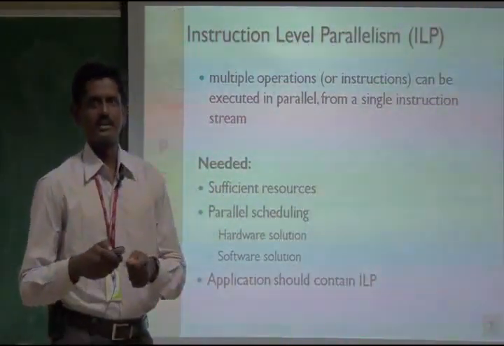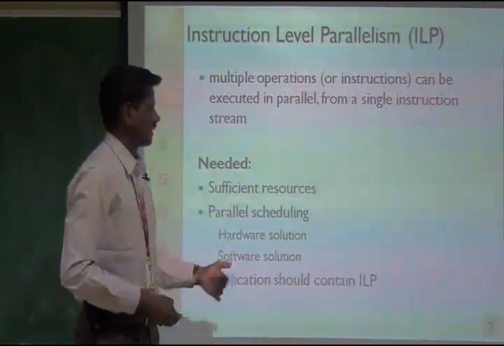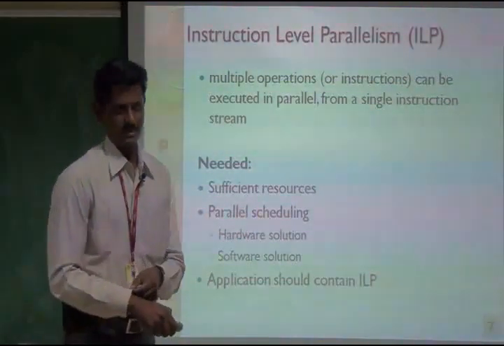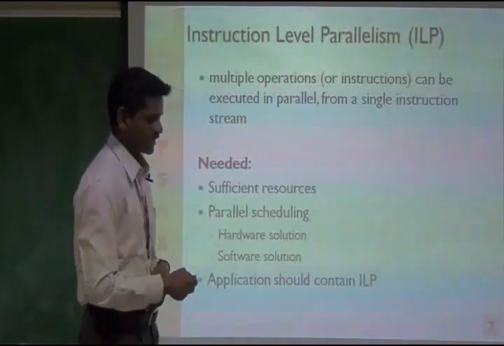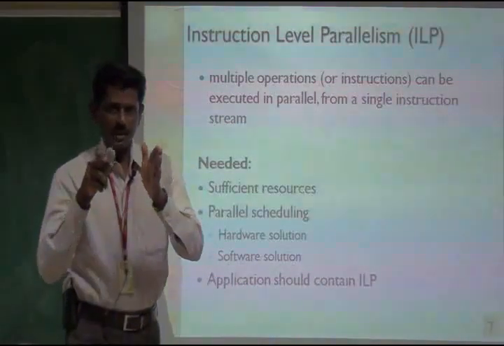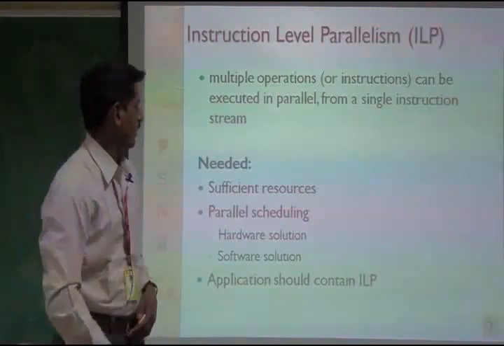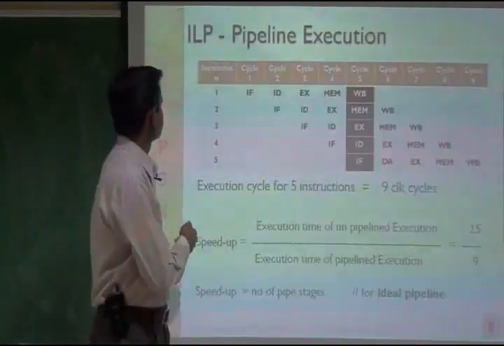It means it requires several units, and also some scheduling algorithm, either by hardware or by software. And the last one, naturally our program or our application should be matched to parallel processing, and only then do we go for ILP. So these are the requirements for ILP.